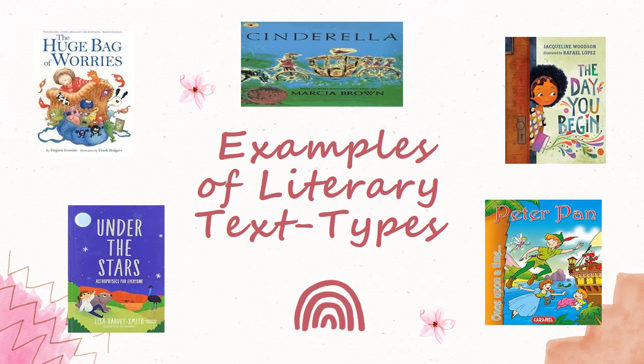So, karamihan naman sa halimbawa ng mga literary text types ay ito yung mga kwentong pambata. So, base talaga ito sa malikhaing pag-iisip or ideya ng mga manunulat. Kadalasan ito ay fictional o yung base sa kanilang sariling naimbentong sulatin.